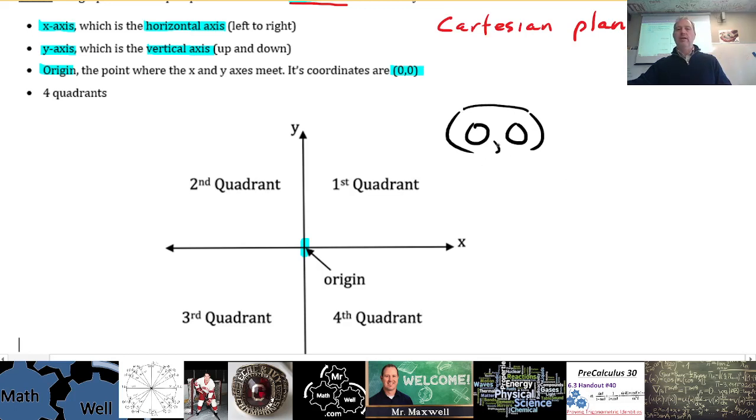Let me see if I can make the skeleton here, so I'm not sure how a skeleton actually goes. There we go, hey, look at that. That's actually pretty good, hey? It looks like a robot, yeah, okay. Anyways, that's what 0, 0 does to my brain. It kind of goes like that. 0, 0, the origin. Yeah, see, that's all I can see. There's some smiley. Okay, anyway, my bad.